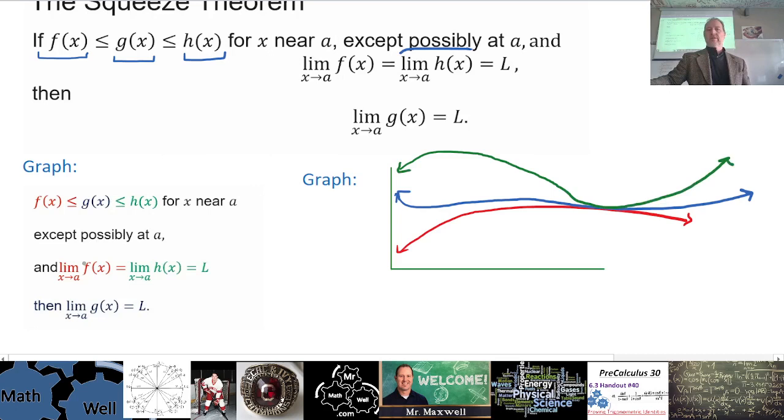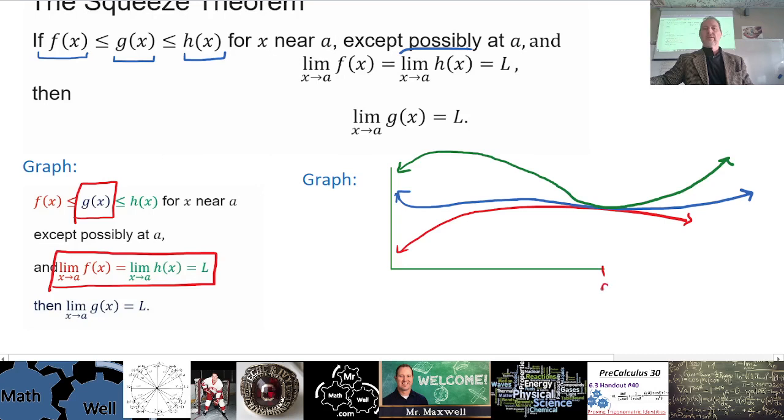If we can determine that f of x, the red function, and h of x, the largest function, have a common limit at some point, meaning they approach the exact same value, and we have a third function that's always sandwiched or squeezed in between those two, what you can see over here is that at x equals a, we have a common limit for all three functions. So the limit L for the green function and for the red function is identical.